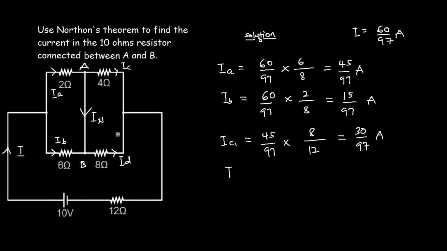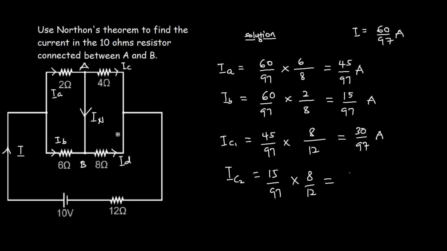Same way, when IB is the source current, we'll have 15 on 97 times 8 on 12. Let's see the value of this also.